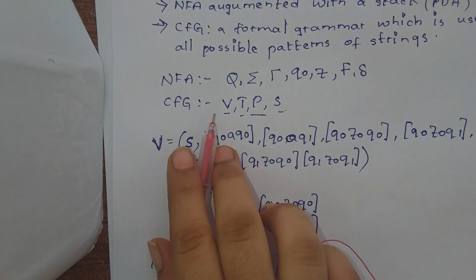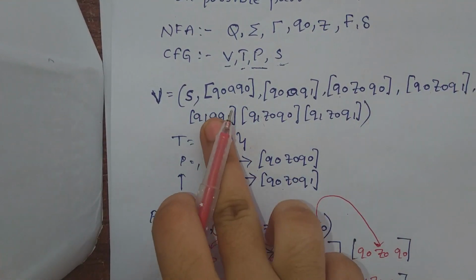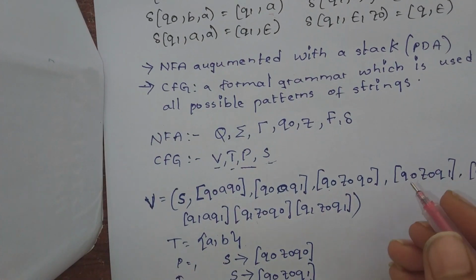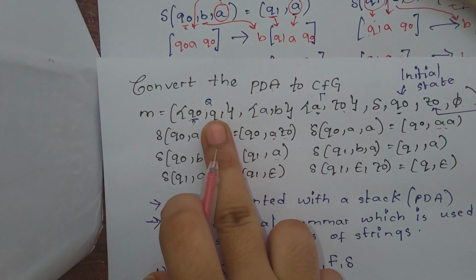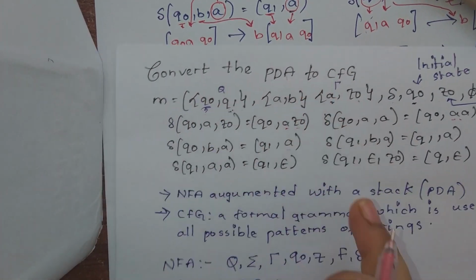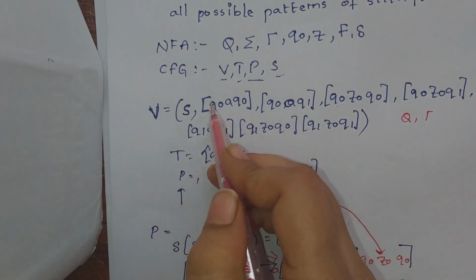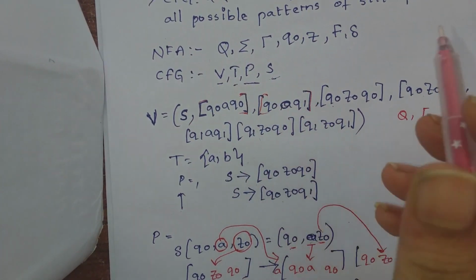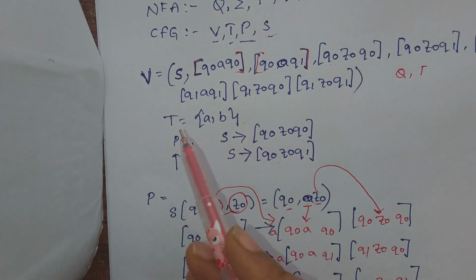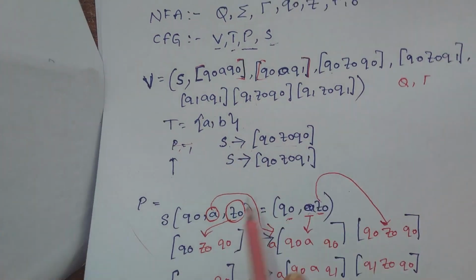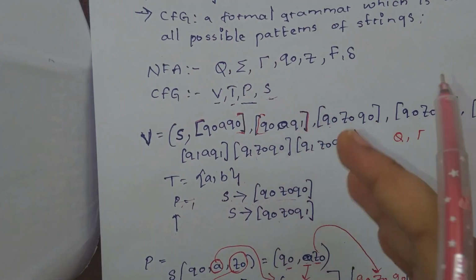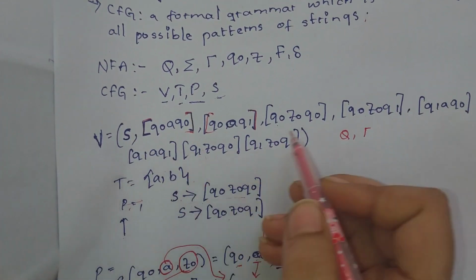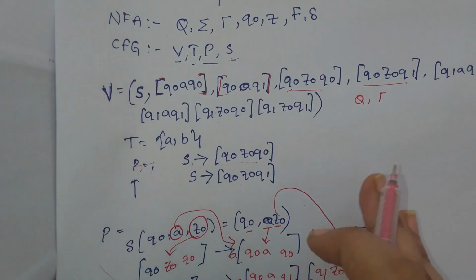So we have got V, T, P, S. Variables are written by combining Q and the stack symbol: Q and the stack symbol are merged or combined and written as the variable symbols. After that, we have terminals. Productions are written last, and then we have the initial state and stack symbol. We have to see that initial state and stack symbol in the variables, and then we'll have the start symbol.